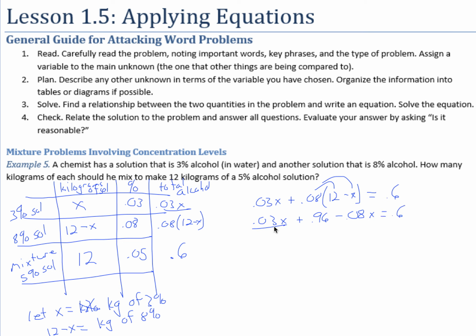We have some like terms to combine, so we have negative 0.05x. At the same time, we'll go ahead and subtract this 0.96 from both sides. And we have 0.6 minus 0.96 is negative 0.36.